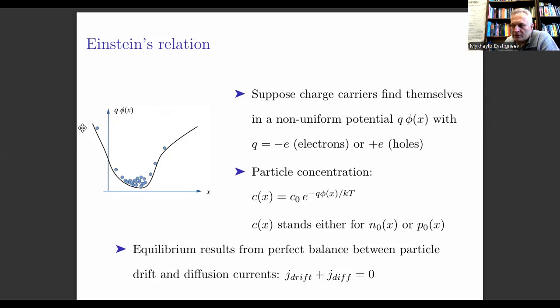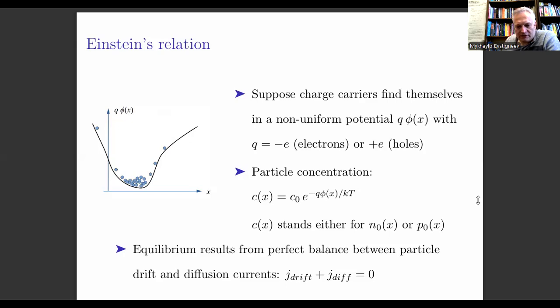If you dope with donors, in a region with a lot of donors, the donors give away electrons to the crystal lattice and turn into positive ions. So you have a region with an excess of positive ions, which create an electric field that tries to pull the electrons into that region. So you have a non-uniform electric potential in the material.